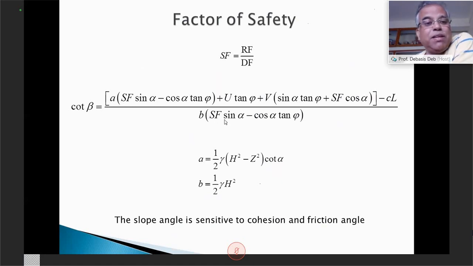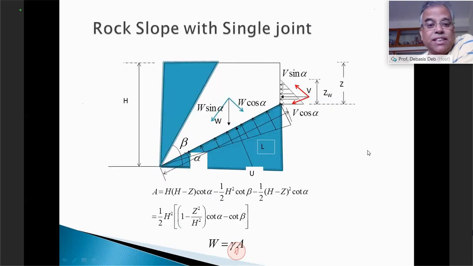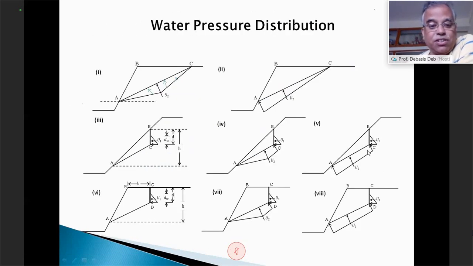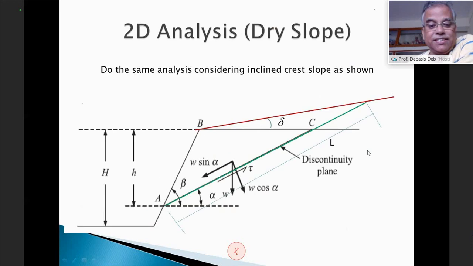This entire thing divided by this will become cot alpha, and then if there is no water, U is not there, V is not there, enter this to 0, then minus CL by this part. You see that? Cot alpha minus this, ये basically हमारा वो equation आ जाता है. This equation, cot alpha minus this.